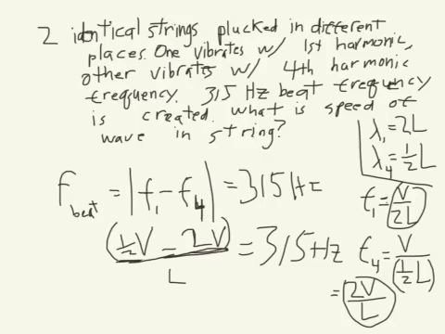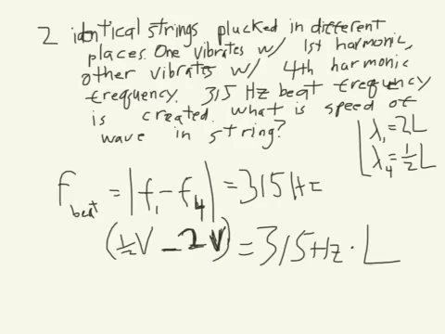And now that we have done that step, we can multiply both sides by L, like such. Except this isn't quite exactly right because I forgot the absolute value brackets.